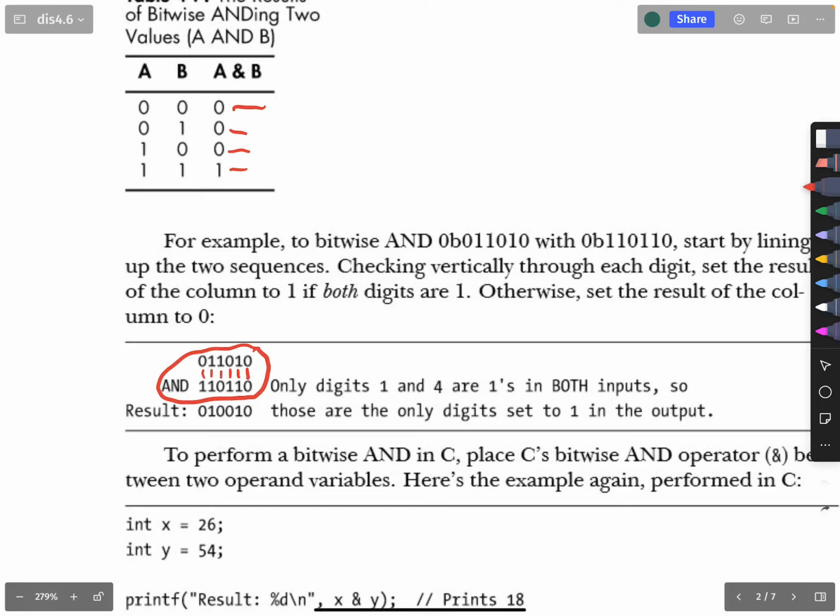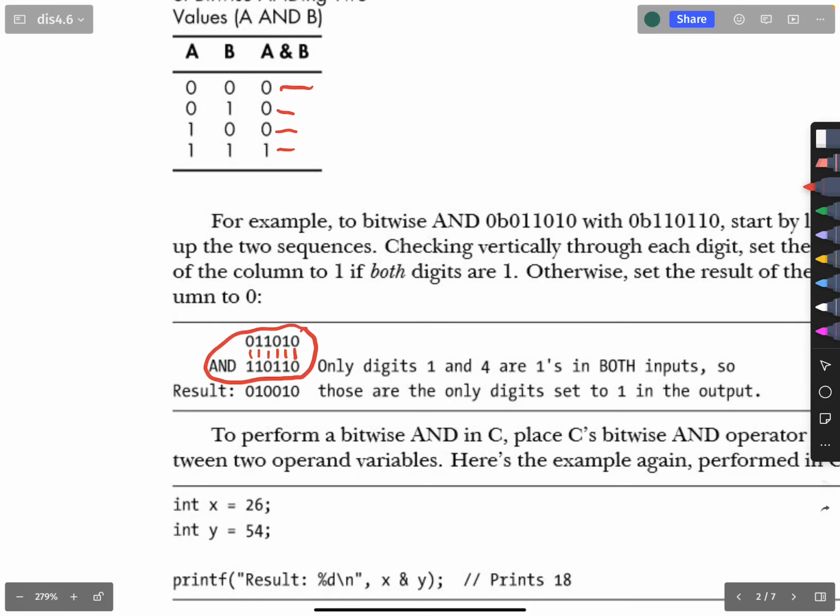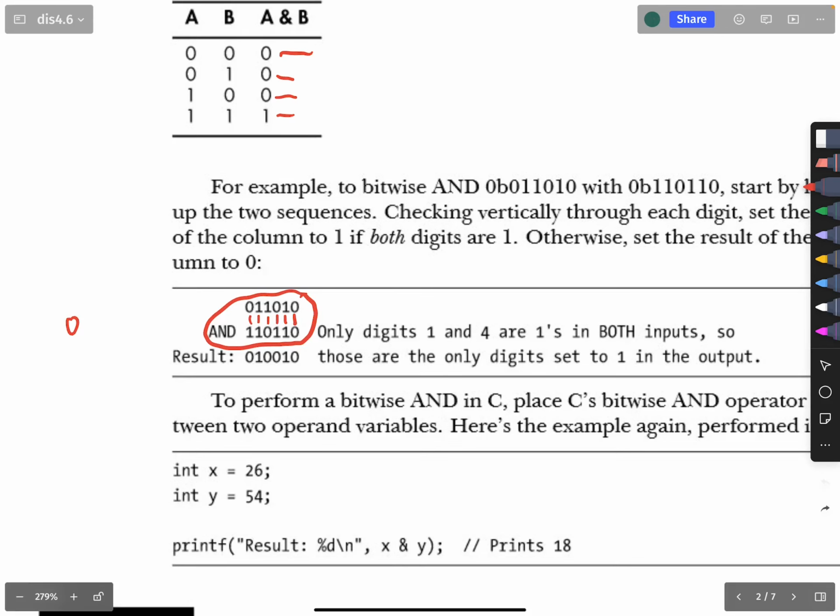For instance, what if you had the sequence of bits 0, 1 and the sequence of bits 1, 0? If you bitwise AND these, you get 0, 0. But logically, referring to how C understands true and false, this would be true because it is not 0. The only number or sequence of bits that is interpreted by C as false is a sequence of all zeros.